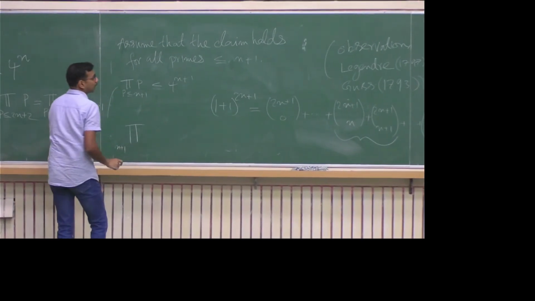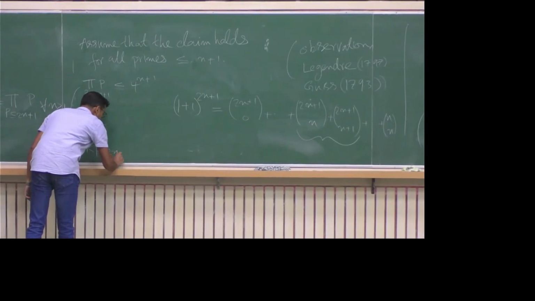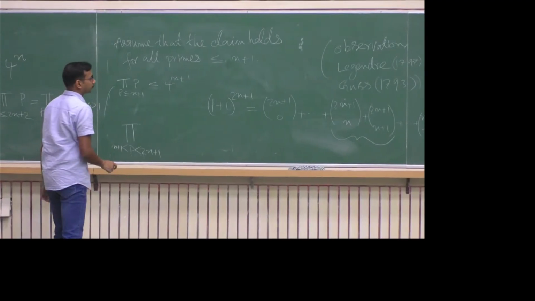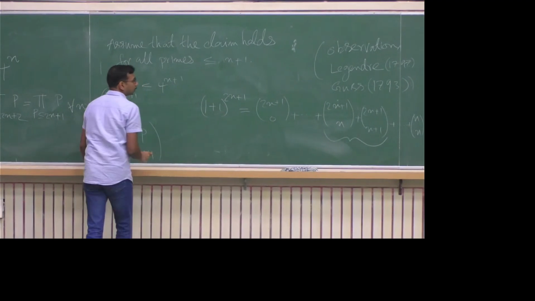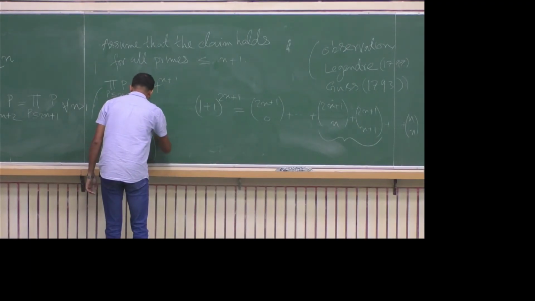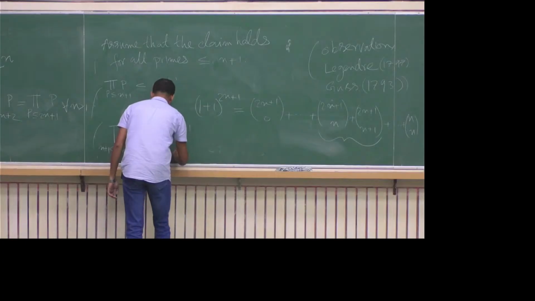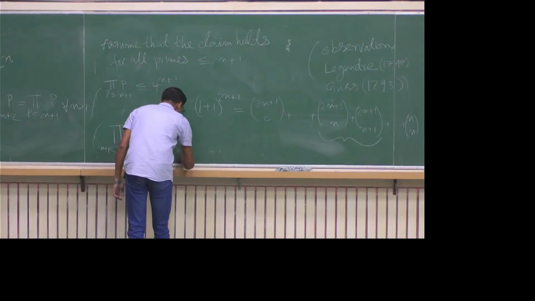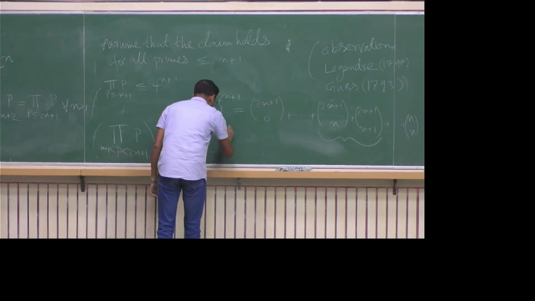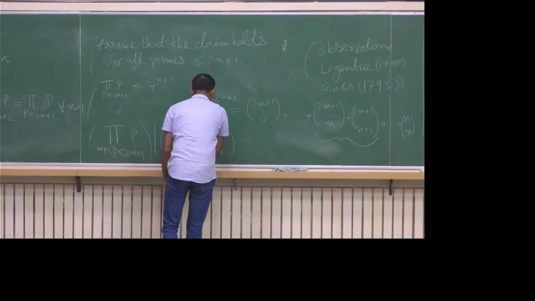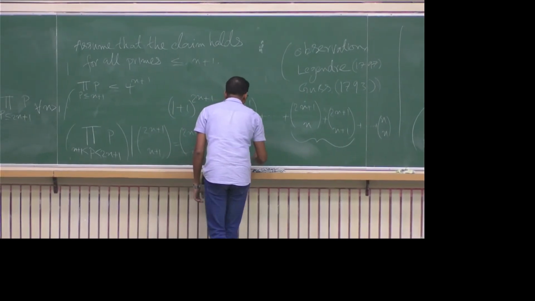So the product over all the primes p with n plus 1 less than p less than 2n plus 1 divides 2n plus 1 choose n plus 1, which is equal to 2n plus 1 choose n, both occurring in the expansion of 2 power 2n plus 1.